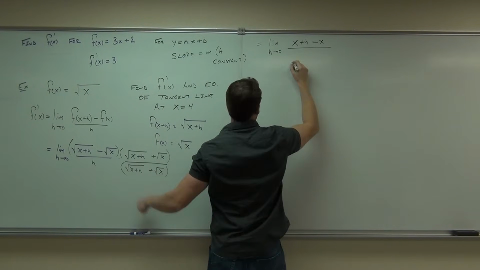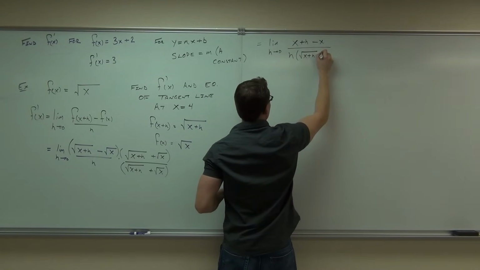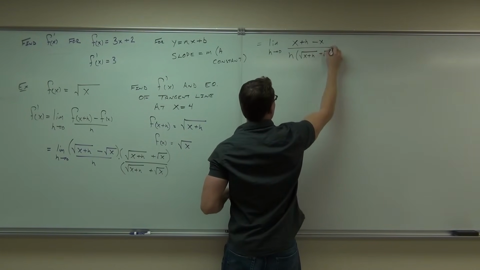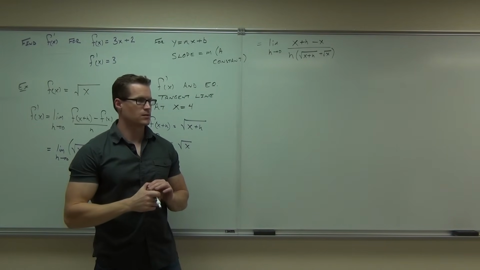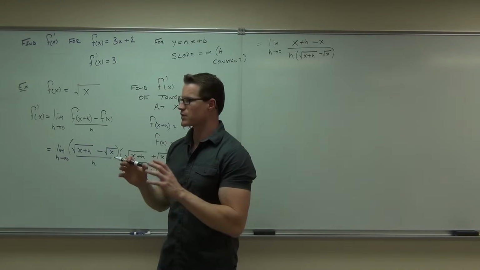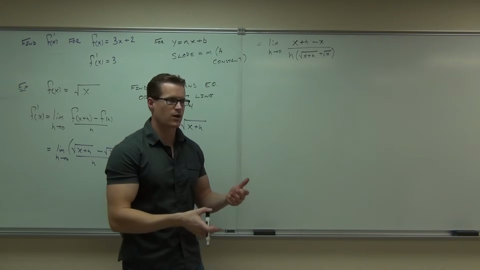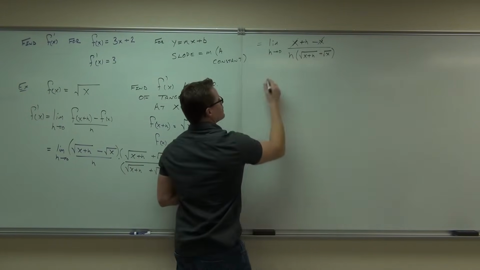All over h, don't distribute that. See anything nice that happens? They have to. The only thing you can have left up there is something with an h that you can factor out and cross out itself. Otherwise, this problem falls apart. So those x's are gone.